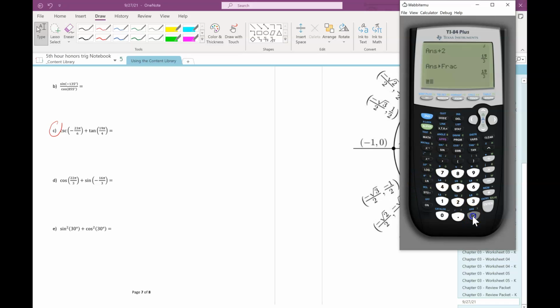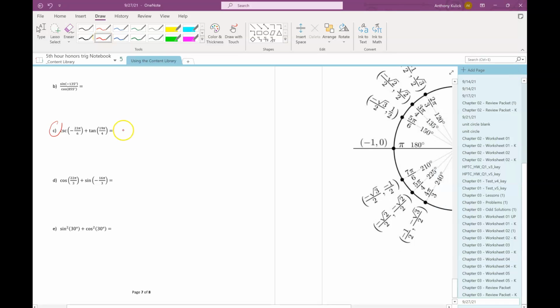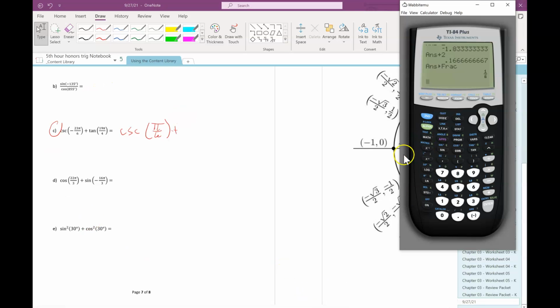And I'm going to just do this numerically. So I'm going to take negative 23 over 6, and I'm just going to keep adding 2 to it until I get something that's between 0 and 2. So that's going to be the same thing as pi over 6. And then the same thing here with the tangent.